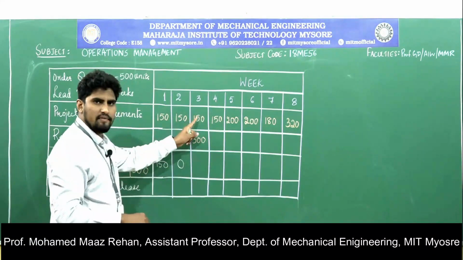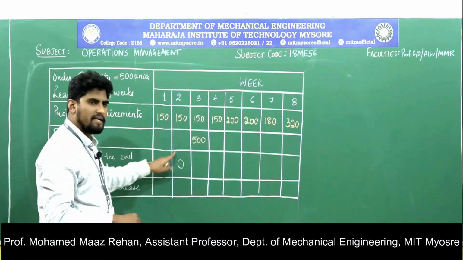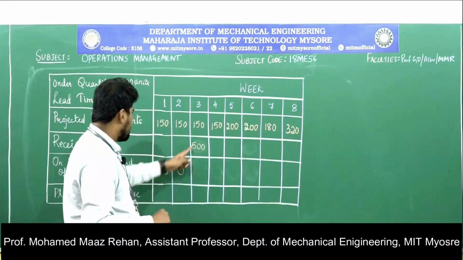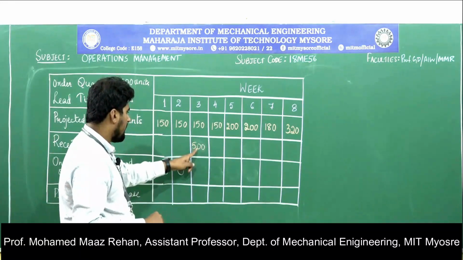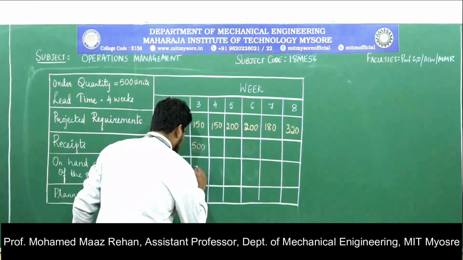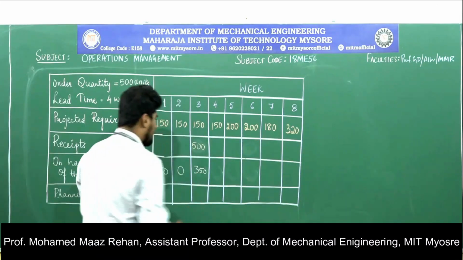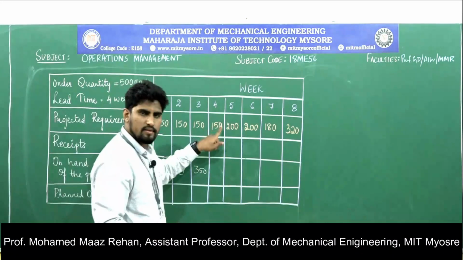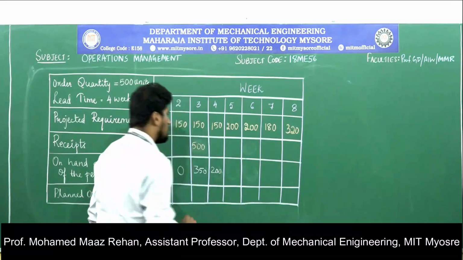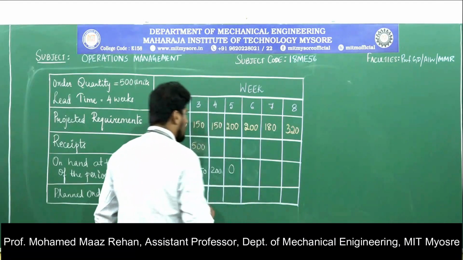Next, you have on hand 500 units. 500 minus 150 gives 350 units. 350 minus 150, you will have 200 units. 200 minus 200, here you don't have any units.